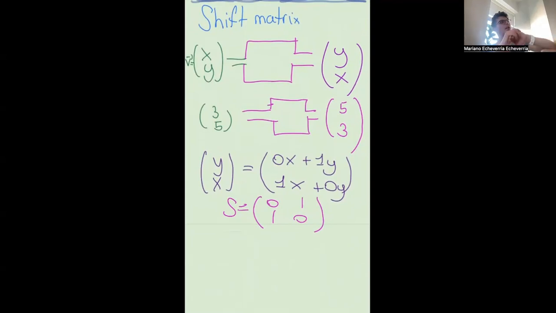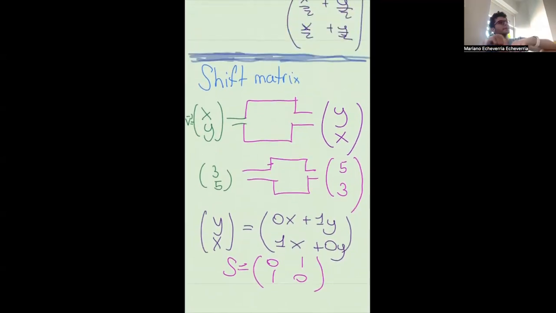Good. So again, this is more to give you an idea that matrices are doing concrete things on vectors. Sometimes they rotate them, sometimes they reflect them, sometimes they shift them in this way, sometimes they average them out. Sometimes they do other things for which we have no specific names.